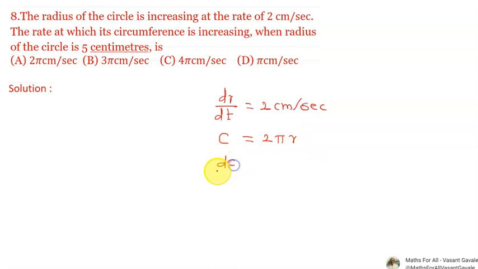Therefore dC upon dt equals 2 pi times the derivative of r with respect to t, and now substitute the value of dr upon dt, that is 2 pi times 2. Overall the multiplication gives 4 pi centimeter per second, and hence option C is correct here.